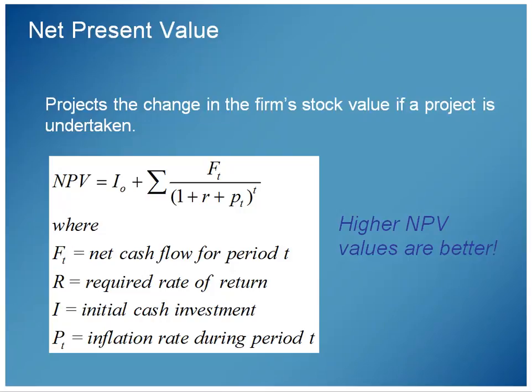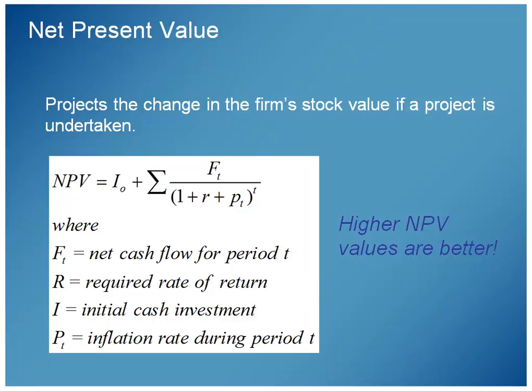So it's the I, which is the initial cash investment, plus the year-over-year sum of the cash flow for that period divided by the rate and the inflation during the period. So inflation, you can see, is one of the factors in net present value, and so is the rate of return, the required rate of return.